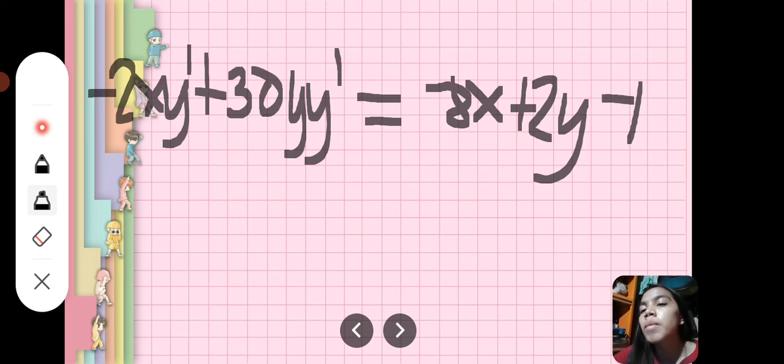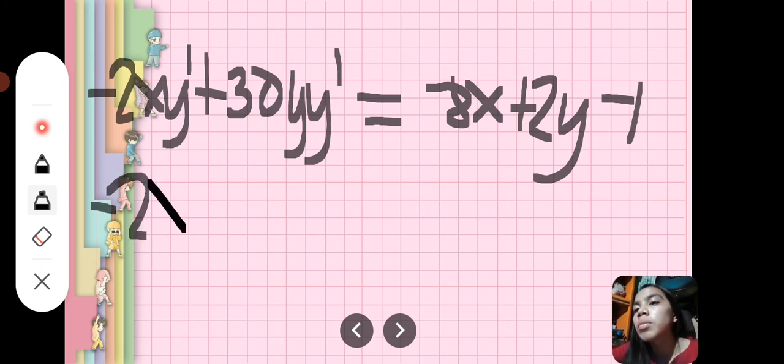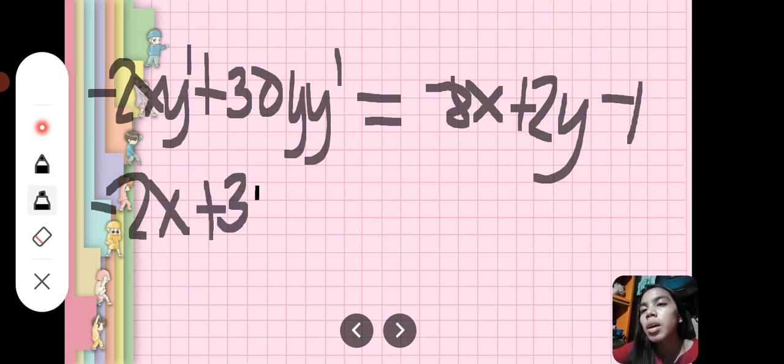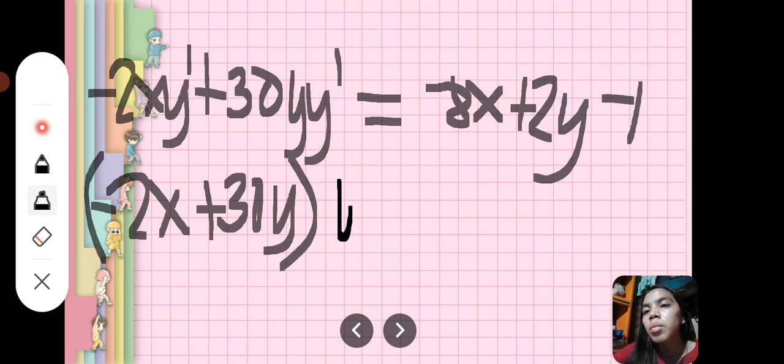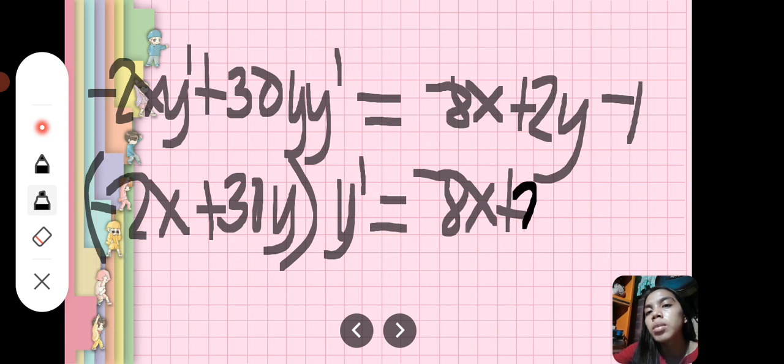So we will be factoring out y prime from negative 2x y prime plus 30y y prime. So negative 2x plus 30y, times y prime, is equal to negative 8x plus 2y minus 1.